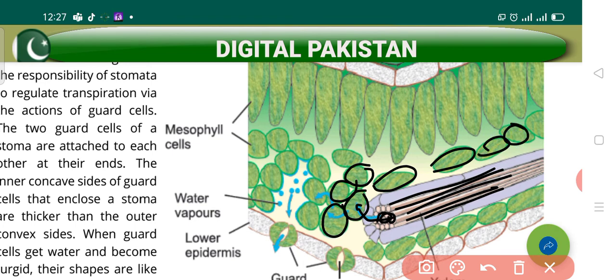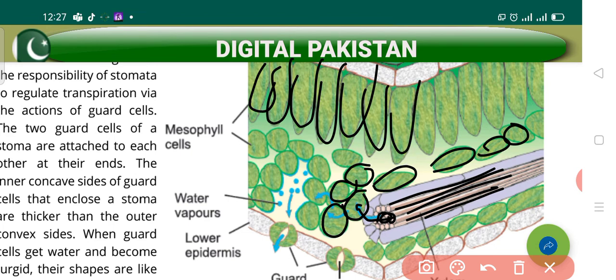You can see, beta, these huge spongy cells are the mesophyll cells, and there are a lot of air spaces present in between the mesophyll cells. Now what is happening, students? The xylem helps to transport the water into the mesophyll cell, and the water makes a layer.